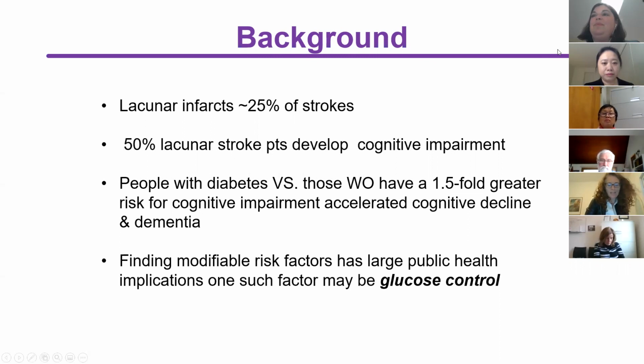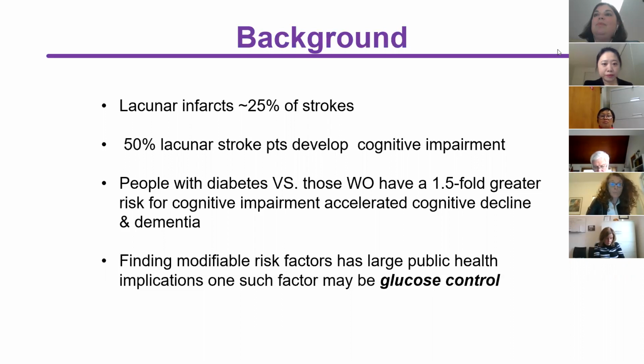Stroke and diabetes are strong risk factors for both dementia and cognitive dysfunction. Lacunar infarcts account for about 25% of strokes, and 50% of those who have a lacunar infarct develop cognitive impairment over the subsequent years.